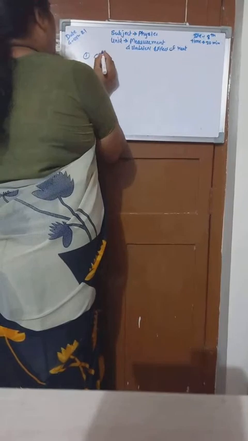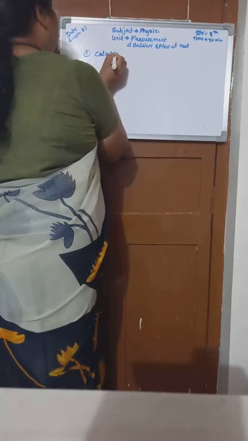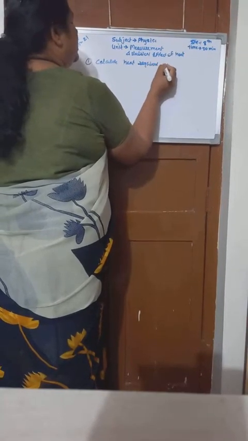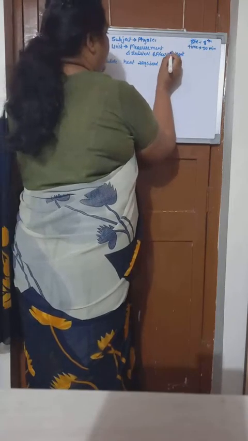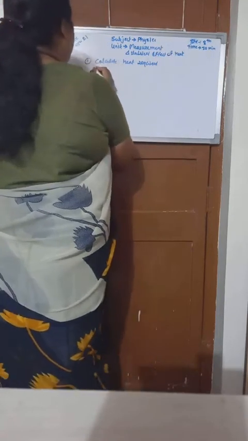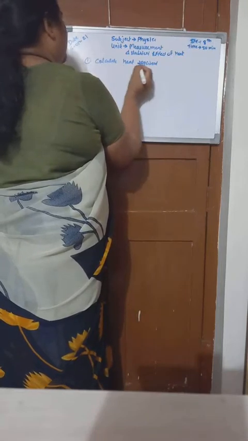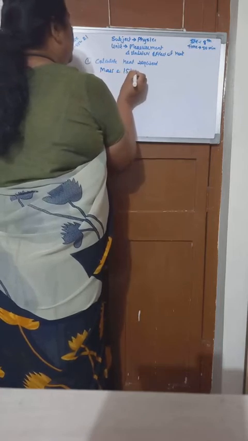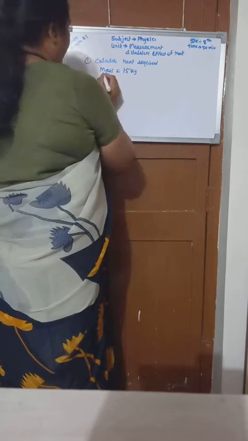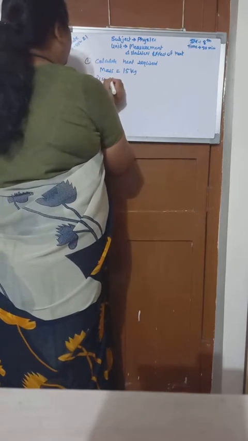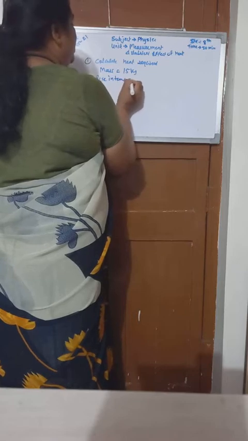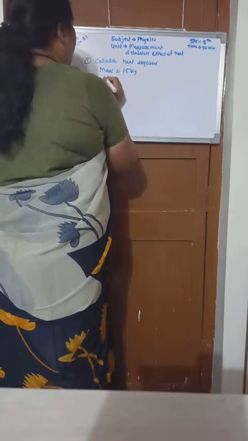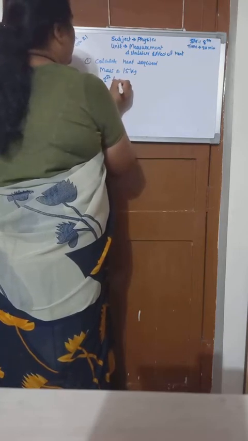First is, calculate heat required where mass equal to 15 kg, okay, and rising temperature is equal to, that is, first temperature or initial temperature.